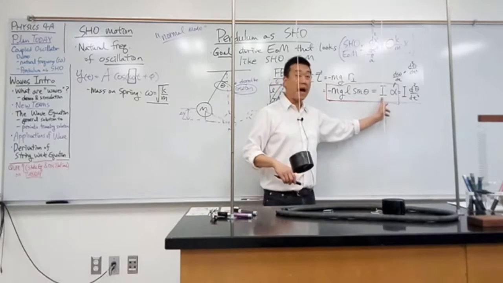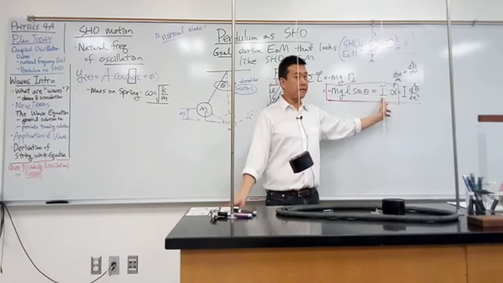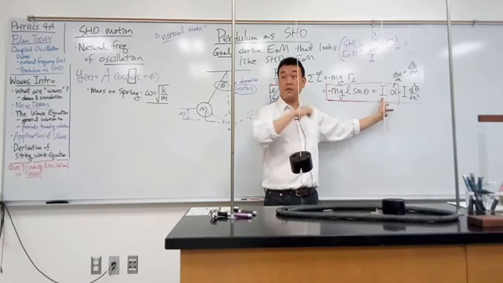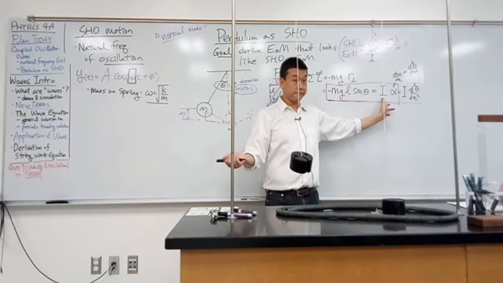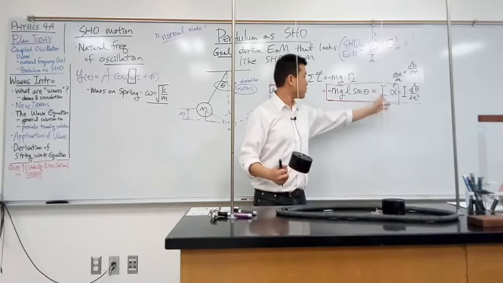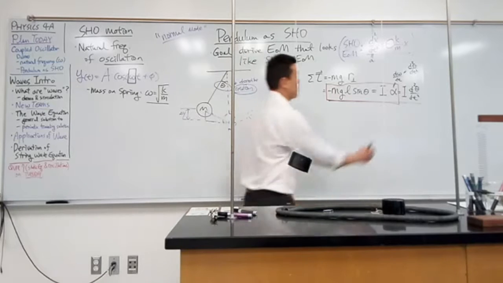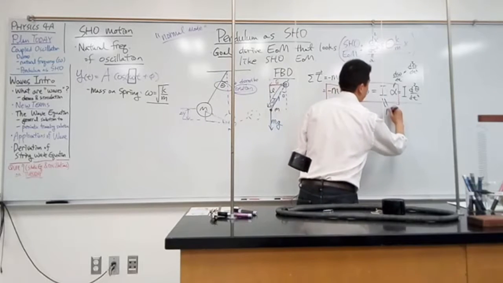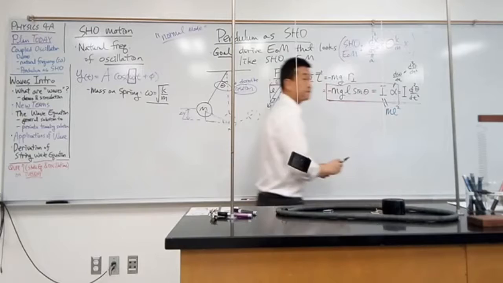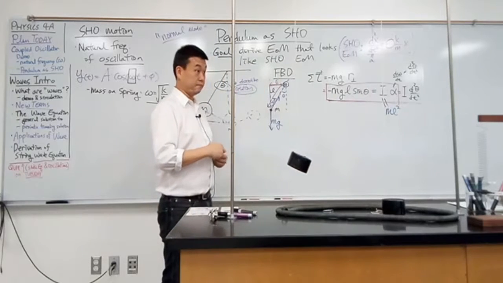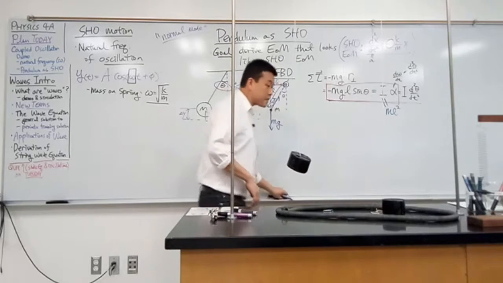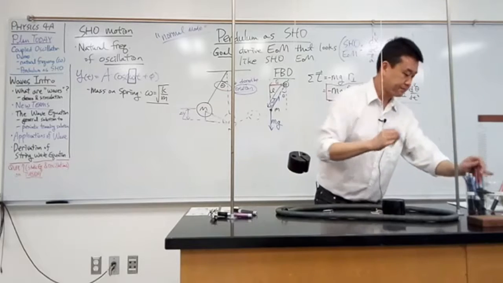This rotational inertia I know what it is, so might as well plug it in so that some of the things can cancel out. Good? The rotational inertia here, it's a point mass at a distance L, so the rotational inertia I here should be mL squared. Good? You see some things cancel out when you do that.